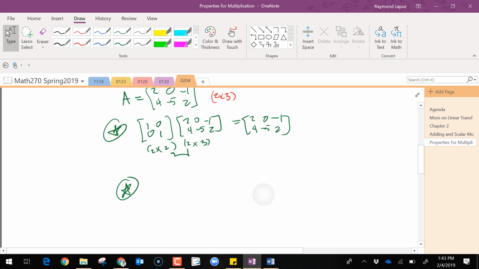Now, if we take the same matrix, 2, 0, minus 1, 4, minus 5, 2, and multiply it by another square matrix on the right side that's an identity, this is a 2 by 3, and then this has to match with the number of columns this time.